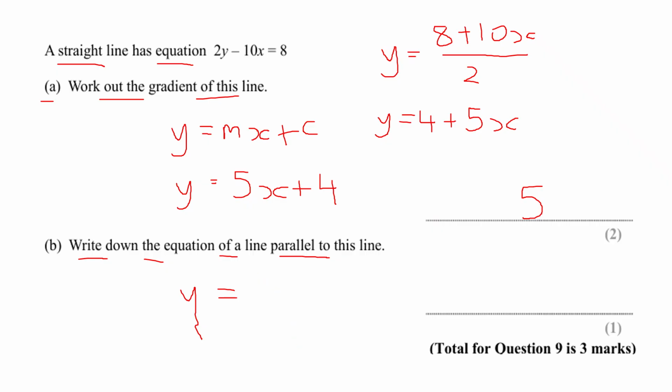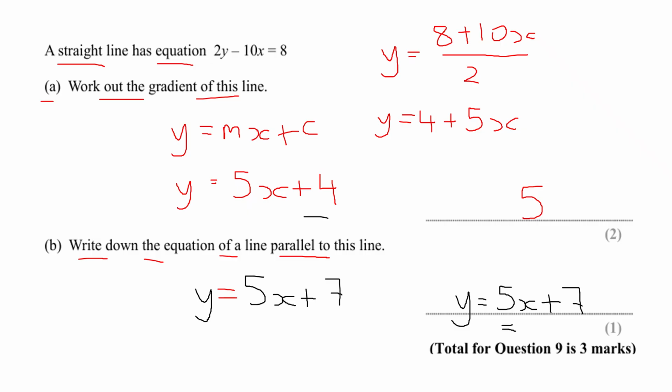We could have y equals 5x plus 7, 5x minus 14, 5x plus 12. As long as the plus c is not the same as plus 4, your answer can be in the form y equals 5x plus or minus 10, as long as it's got that 5 in front of the x.